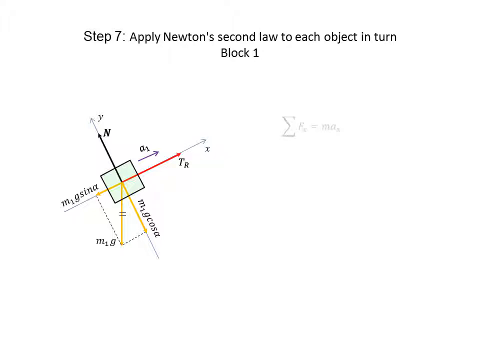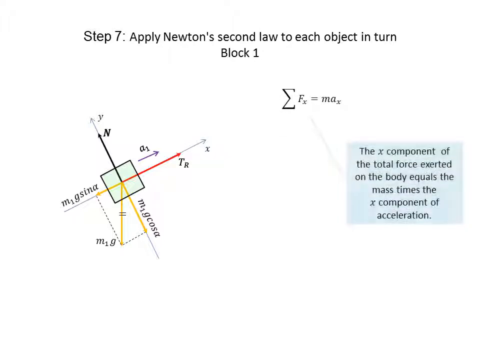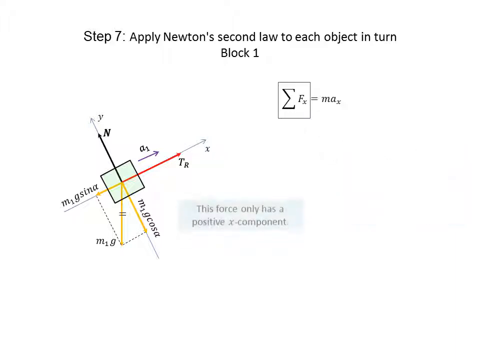Block 1. The x component of the total force exerted on the body equals the mass times the x component of acceleration. This force only has a positive x component.